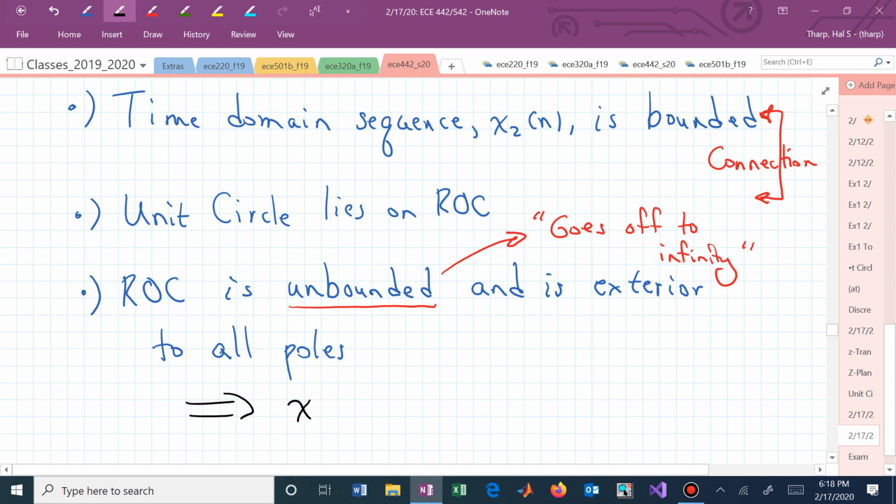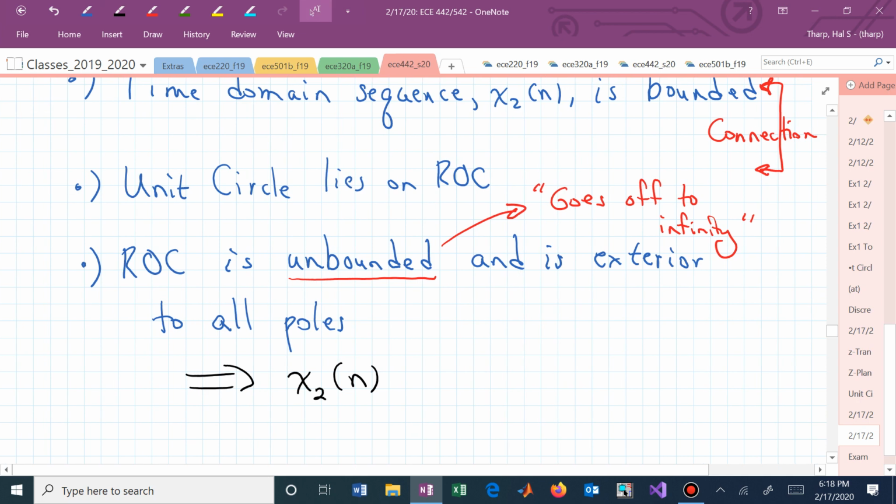We know because of that, though, that we can say something about the causal or anti-causal behavior of x sub 2. X sub 2 is what? A blank sequence, where the blank is causal or anti-causal. It's causal because it's defined for values of n that are non-negative.